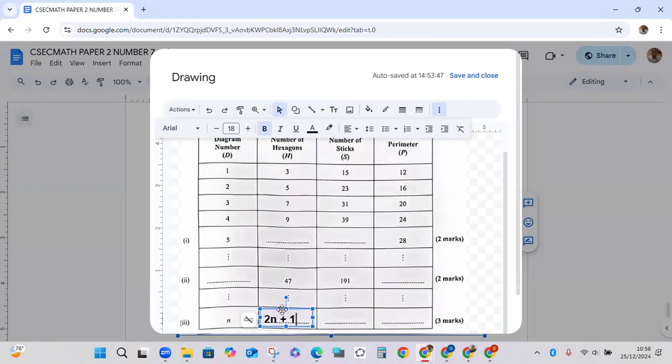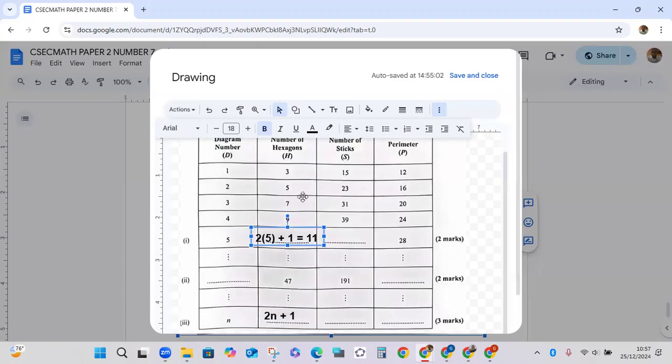So you can easily calculate the number of hexagons for figure 5. 2 5s are 10, plus 1 is 11. So basically, to answer part 1, we jumped the gun and went to part 3 automatically.